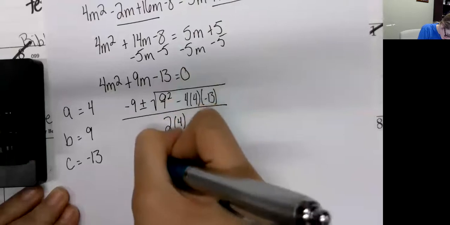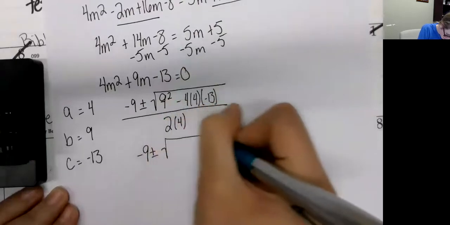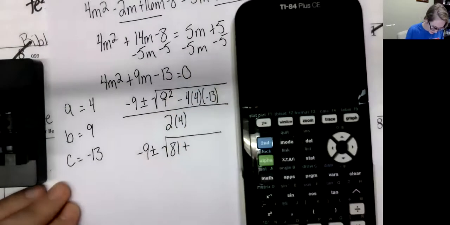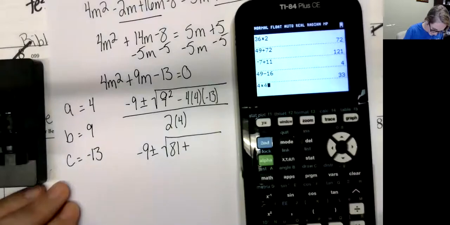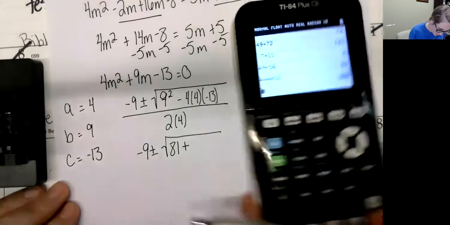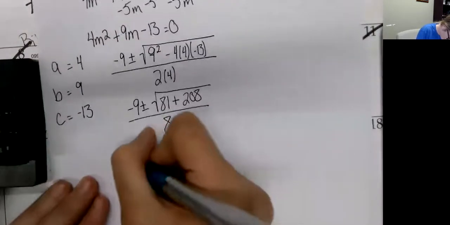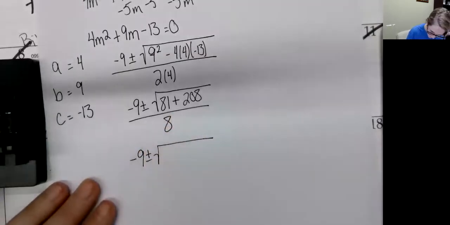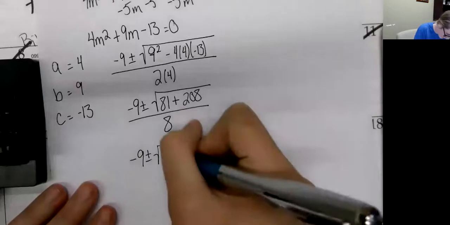So negative 9 plus or minus the square root of 81 plus 4 times 13, 208, all over 8. So we have negative 9 plus or minus the square root of 289 over 8.